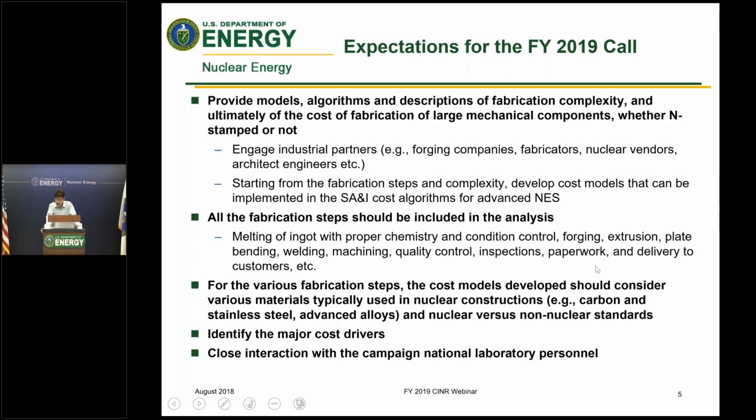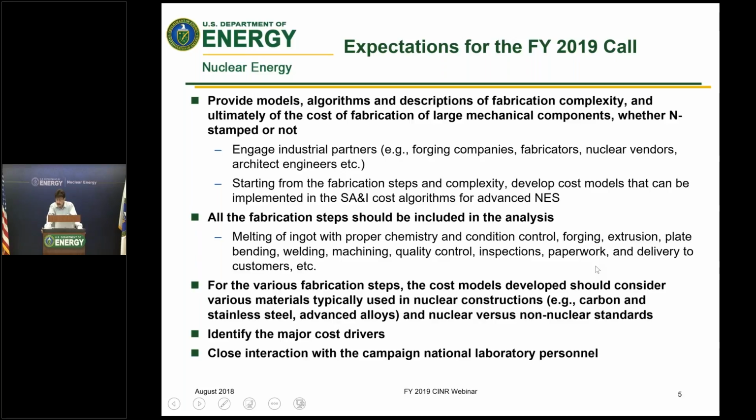We envision that the PI will engage with industrial partners to gain this understanding at a detailed level that can lead to credible and reasonable cost algorithms. So for example, we expect consideration of all the fabrication steps that are listed in this view graph as they may be applicable, and anything else that may not be listed here.